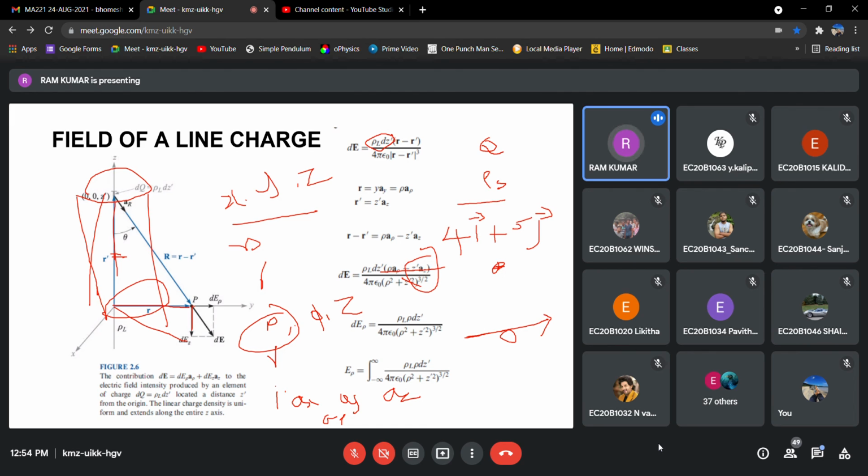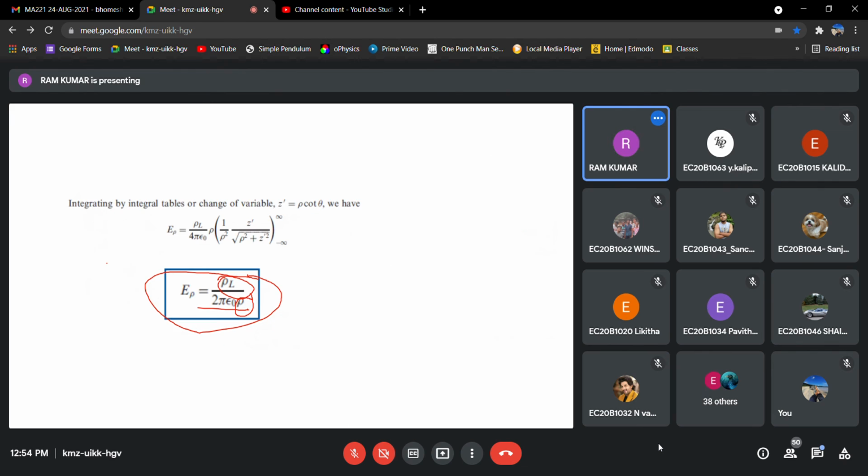When we know these two parameters, the line charge rho L and the distance between the line charge and the point P where we measure the field, we can easily find the electric field intensity.